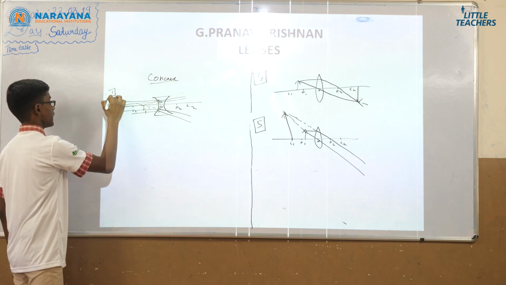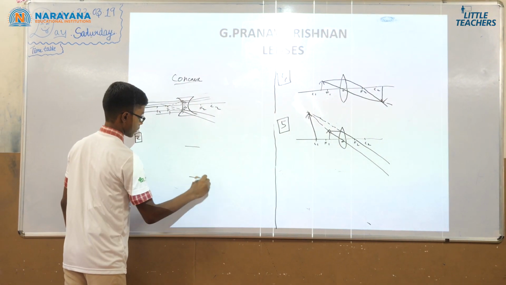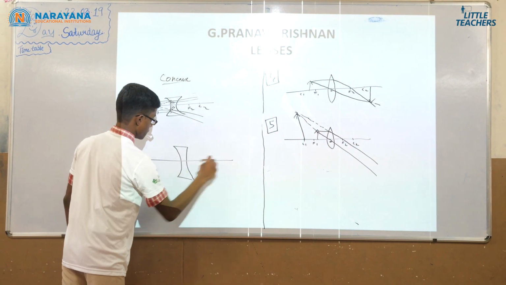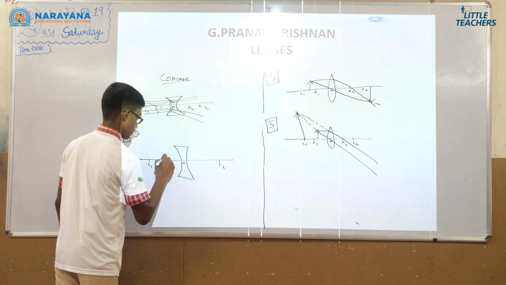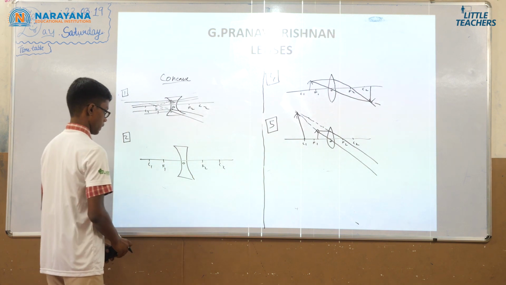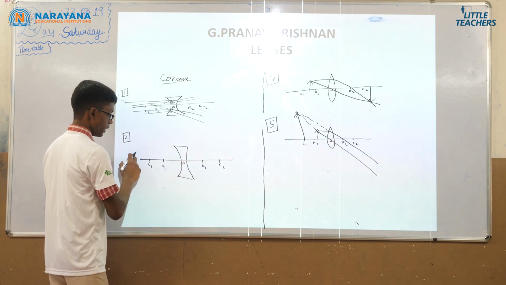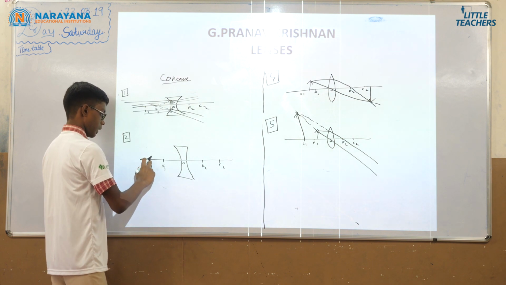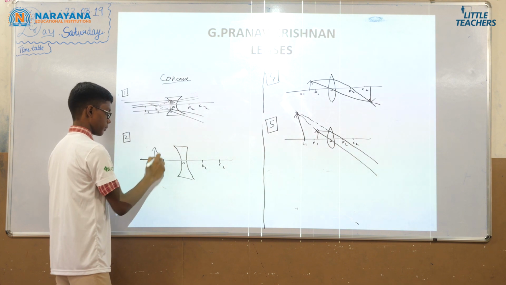Now let's take the second type of image formed. Principal axis, optical center, center of curvatures, focus 1, focus 2. Now consider the object between infinity and the optical center, wherever it may be, or between C1 to F1 or C1 to O. Consider it is here.